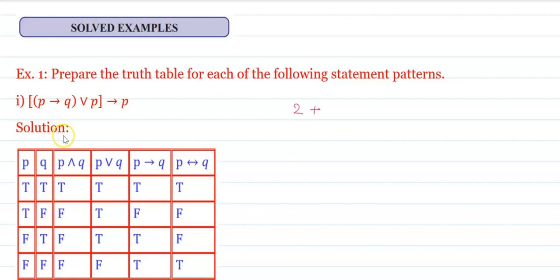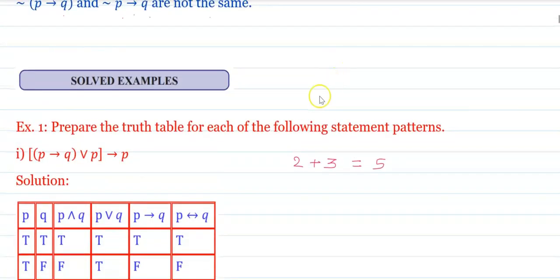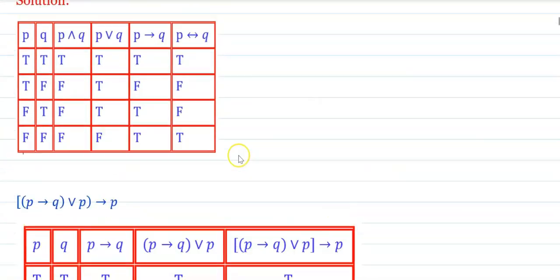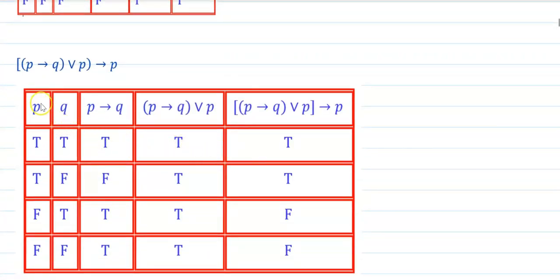Next, the connectives are 1, 2, 3, and the total is 2 plus 3 equals 5. Therefore, here must be 5 columns.